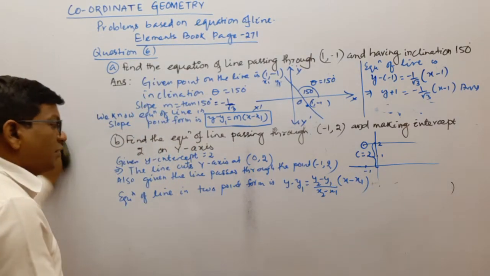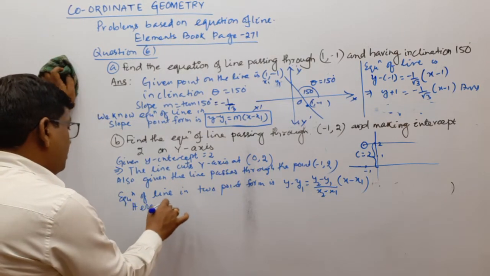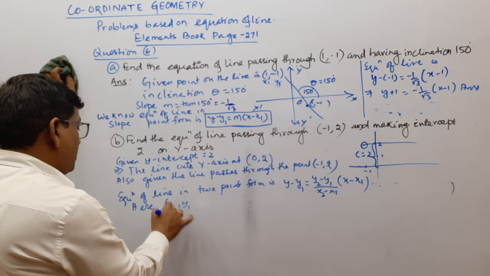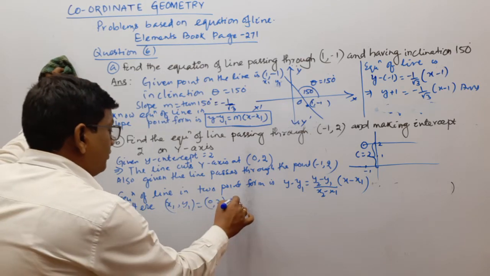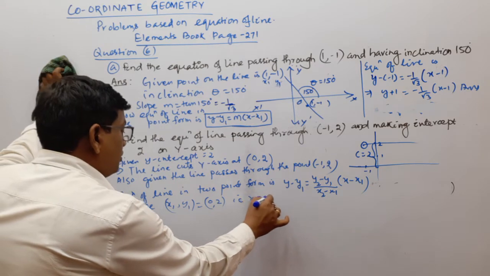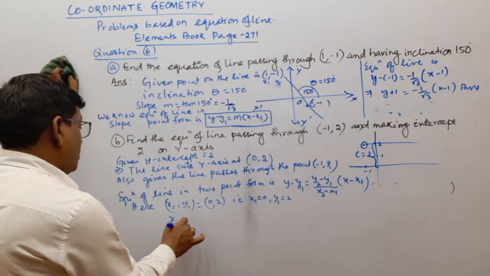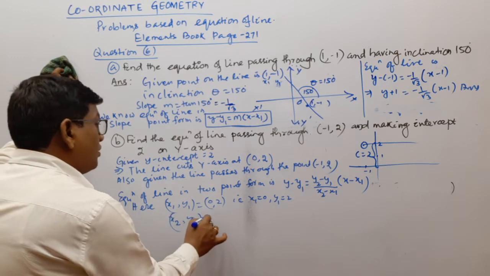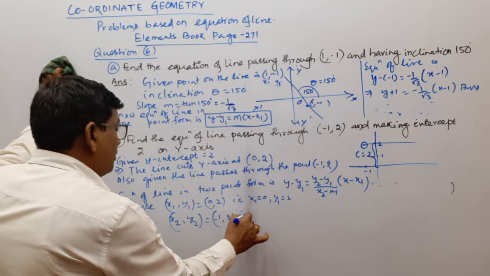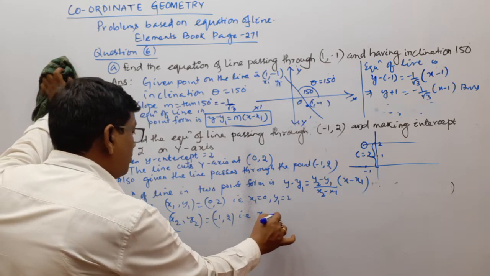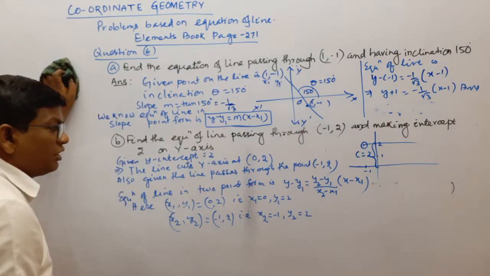Now this point is (x1, y1), that is (0, 2), so x1 is equal to 0 and y1 is equal to 2. And (x2, y2) is (-1, 2), that is x2 is equal to -1 and y2 is equal to 2. Now the equation of the line is what?